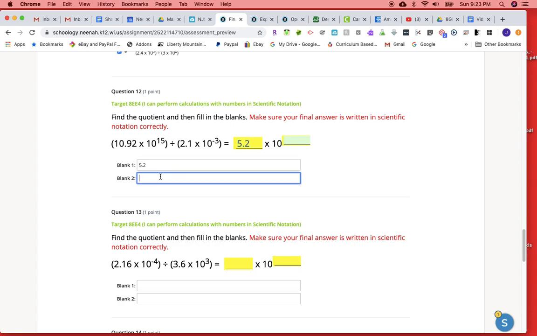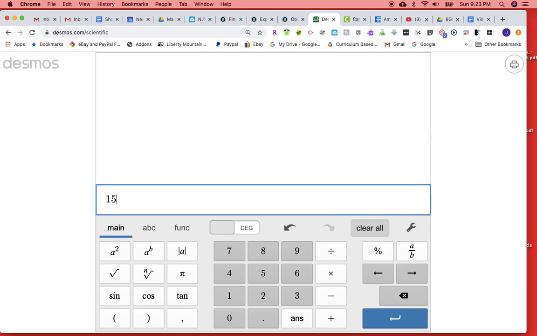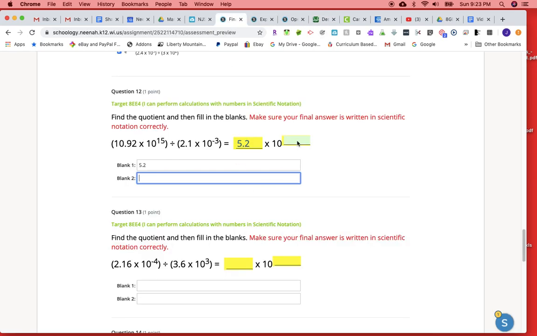And then we have to subtract our exponents. 15 minus a negative 3. Just type it right in your calculator. 15 minus a negative 3. Notice I have minus a negative. It's positive 18. So our exponent would be 18.